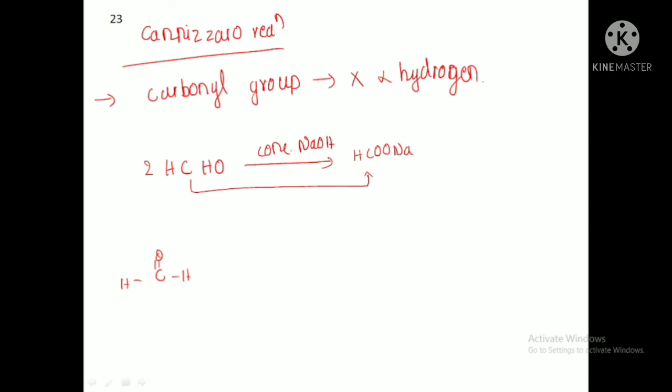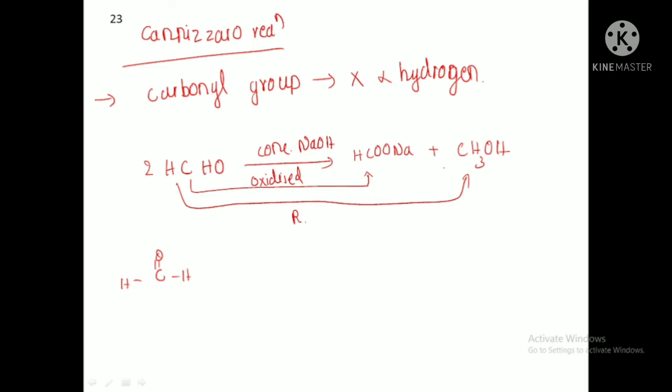This is the sodium salt of carboxylic acid, and this is the oxidized product. Another one will be the reduced product.